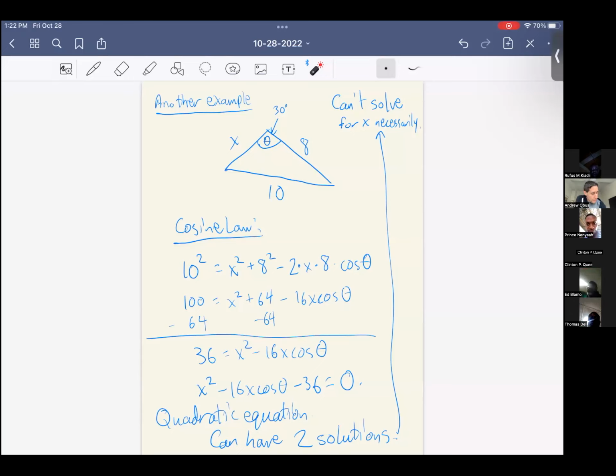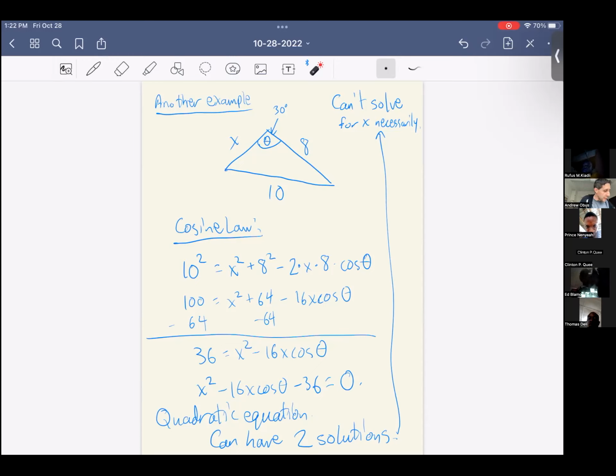Okay. Yeah. Right. As long as this thing is negative, then you should always have a positive answer and a negative answer. You shouldn't have two positive answers. But there are times that you can have two positive answers. So 8 squared equals x squared plus 10 squared.